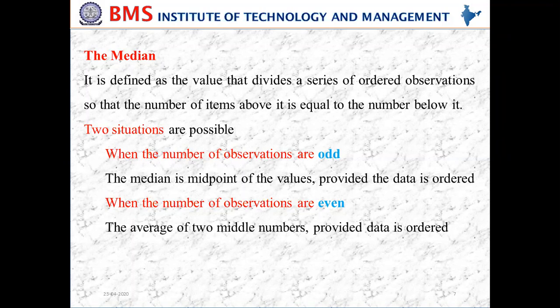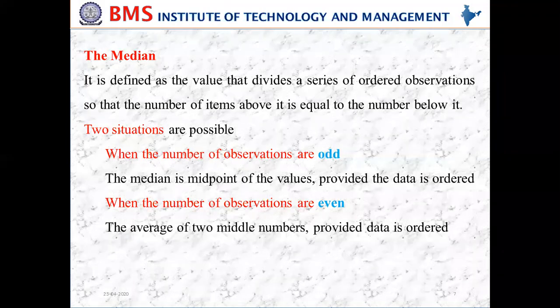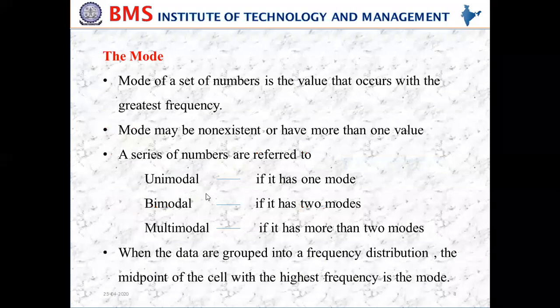So if there are 10 observations, 10 by 2 is 5, and 10 by 2 plus 1 is 5 plus 1, which is 6. So the 5th term and 6th term average will be taken. If it is 20, the 10th term and 11th term average will be taken. So that is how the median is calculated in the case of odd and even numbers of observations. Next we'll move to the mode.